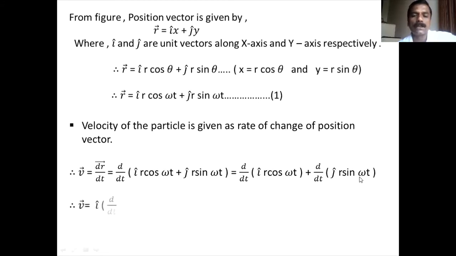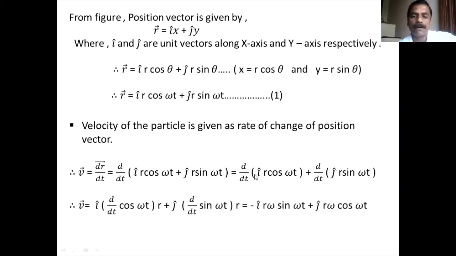Now we know the rules for solving the derivative. For the first term, the constants are taken outside. So i cap and r are the two constants taken outside, and the remaining factor is d by dt of cos omega t, written in the bracket. Similarly, in the second term, j cap and r are constants, and the derivative of sin omega t is written in the bracket.